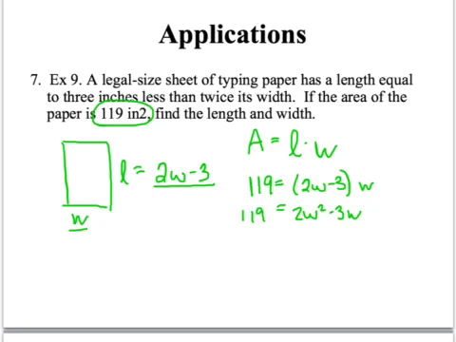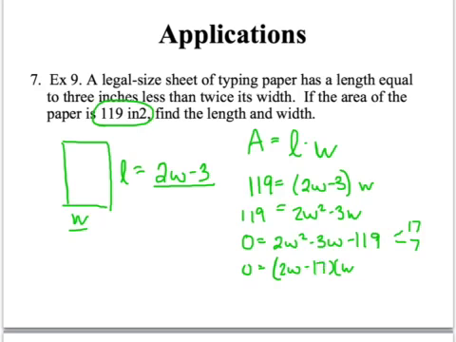So that means I want to get everything equal to 0. And then you're going to look to factor. Well, we know that to get 2w squared, we're going to use 2w and w. And if you play around with 119, you'll see that 17 times 7 is 119. So I'm going to try those first.